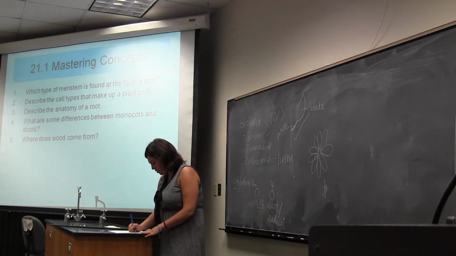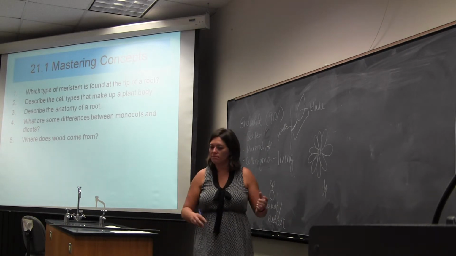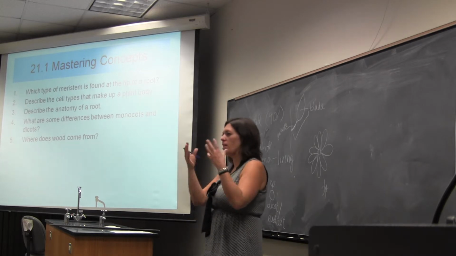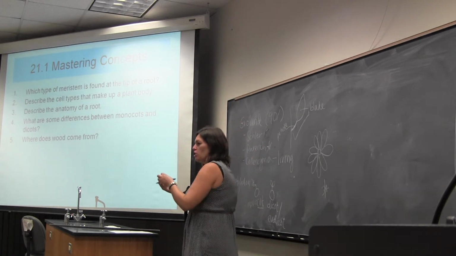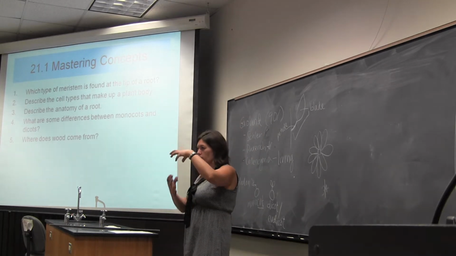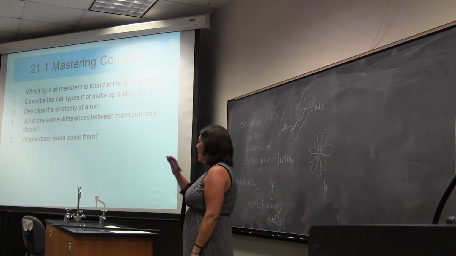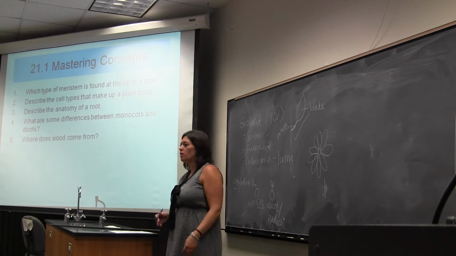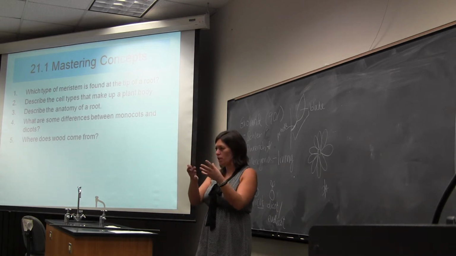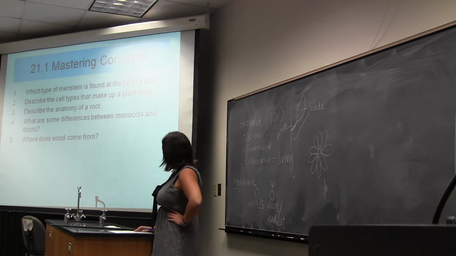Right, so you've got your zone of maturation, where cells specialize. You've got your zone of elongation, where these cells absorb water, and that helps contribute to the growth of the roots further into the soil. And then you've got the zone of cell division, which is, again, contributing to the growth of the roots into the soil.